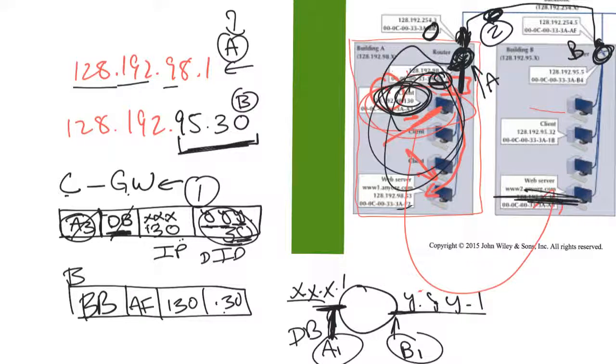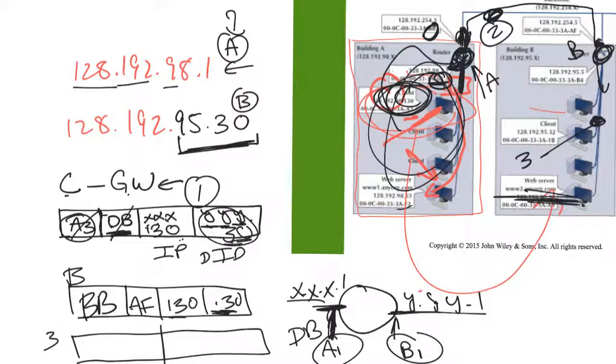Router B says, okay, 130 is trying to talk to .30. It knows that .30 is within its network. So let's call this point 3. At point 3, the router will do this. Again, the source IP will stay the same and the destination IP will stay the same. So this will stay 130, this will stay 30, but it will replace the MAC address.